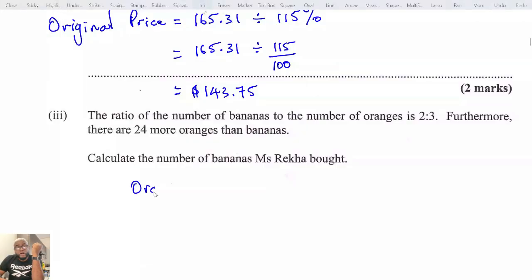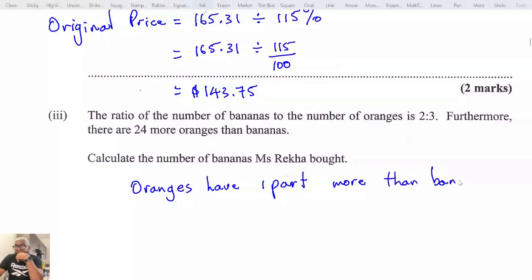So oranges have 1 part more than bananas. So what this means is that 1 part is actually equal to 24, because there are 24 more oranges than bananas.